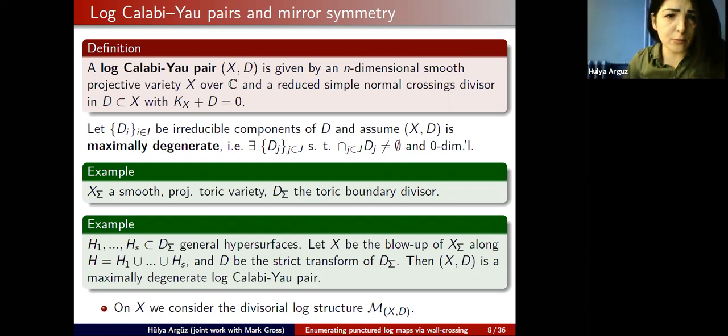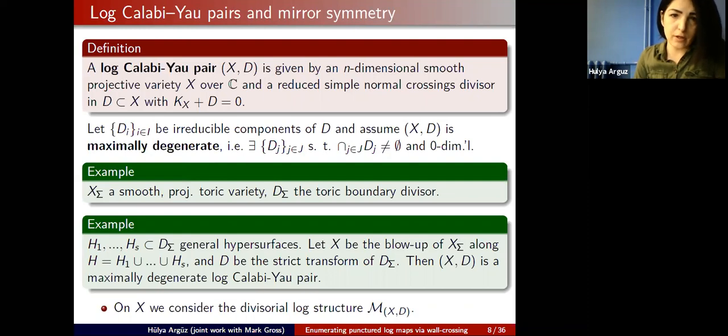So if you look at a smooth projective toric variety and its toric boundary divisor, the anti-canonical divisor in it, this will be a natural log Calabi-Yau pair. It will not be terribly interesting there. So the log Calabi-Yau pairs you will be interested in throughout this talk are given by blow-ups of toric varieties.